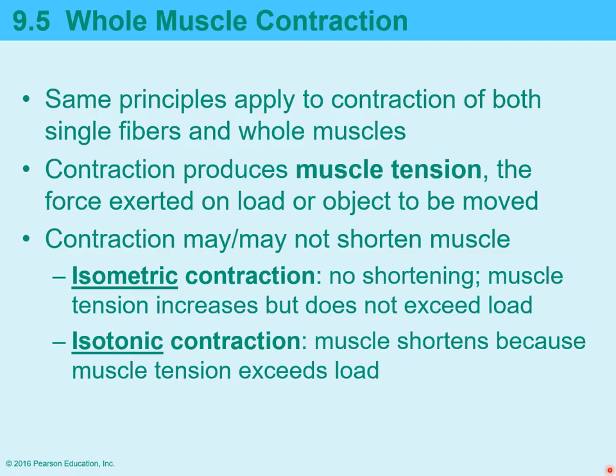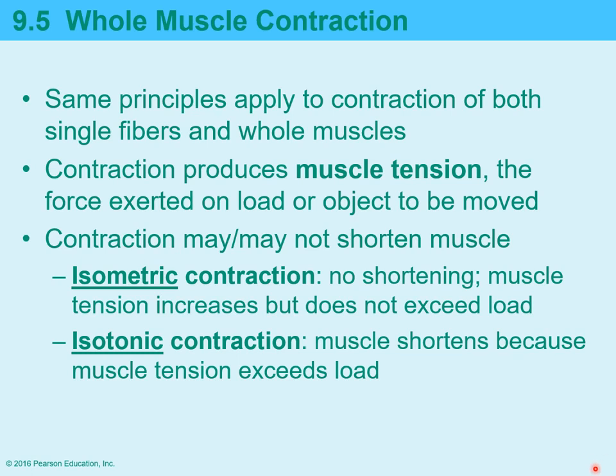A&P, the purpose of this class is to teach you what the normal functioning is so that you can understand with different diseases and disorders how the interference is disrupting the normal patterns of the way things are supposed to go. You can't treat a disorder if you don't know what the normal functioning is, because how do you know if it's disrupted? And everything has an effect.